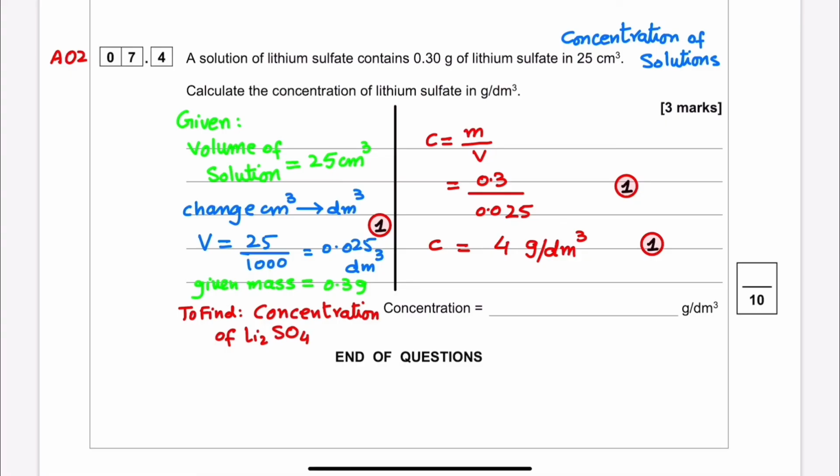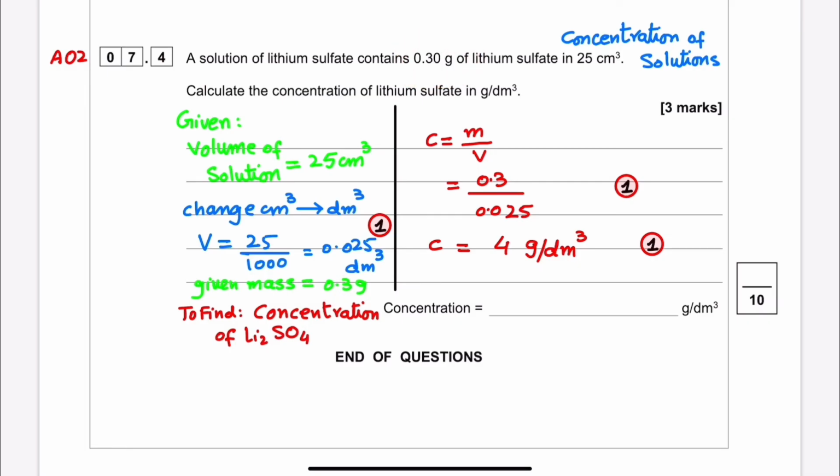The given volume is 25 centimeter cubed of solution. We divide it by 1000 to convert centimeter cubed into decimeter cubed, because 1 decimeter cubed is equal to 1000 centimeter cubed. So the volume is 25 divided by 1000 and it becomes 0.025 dm cubed. The given mass of lithium sulfate is 0.30 gram.